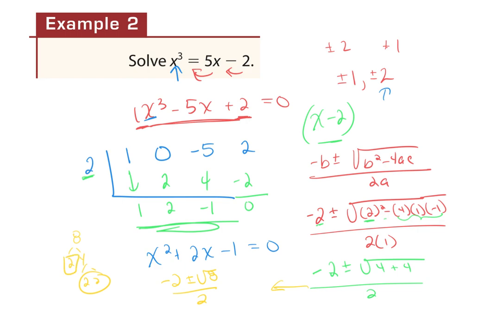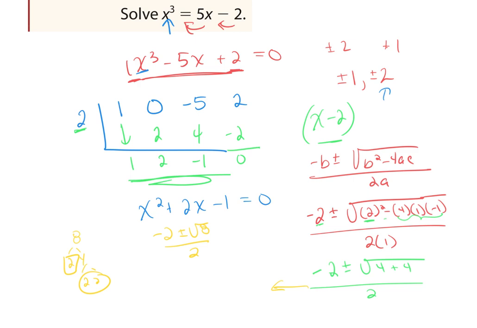So when I do this, I have negative 2 plus or minus 2 square root of 2 over 2. You can reduce anything on the outside if they all reduce, which means I have 2, 2, and 2 on the outside. As long as something comes out of all 3 of those, I can reduce it. I cannot reduce with the inside, only outsides can reduce. So clearly, 2 comes out of all of those.